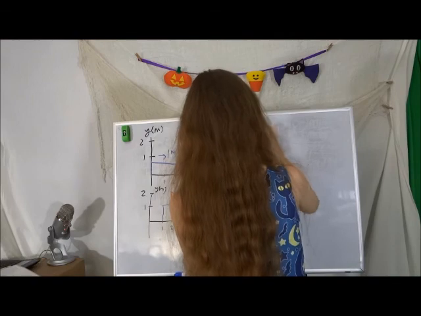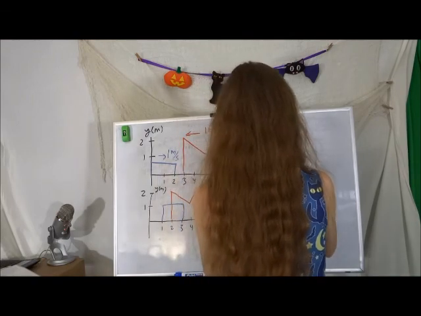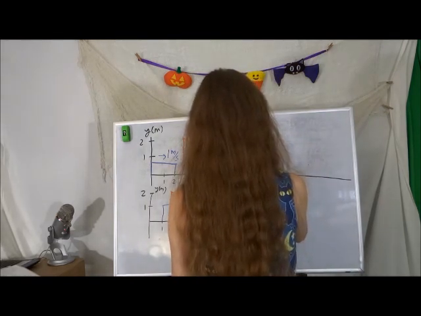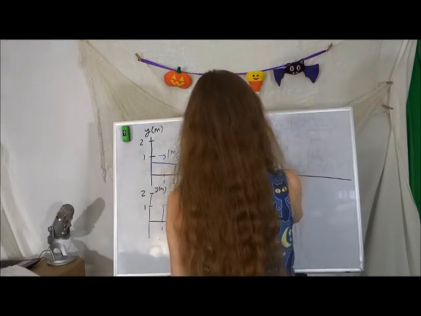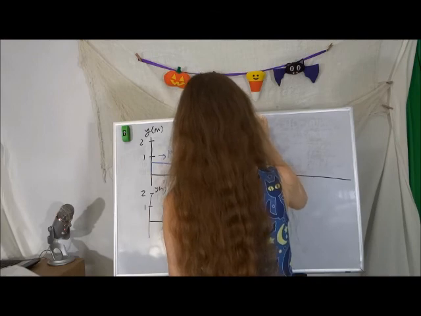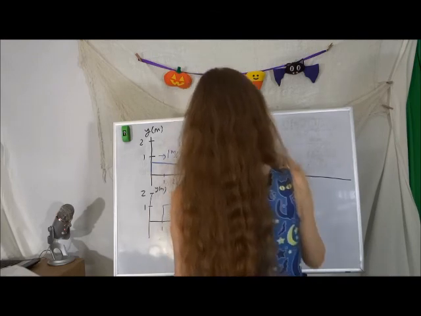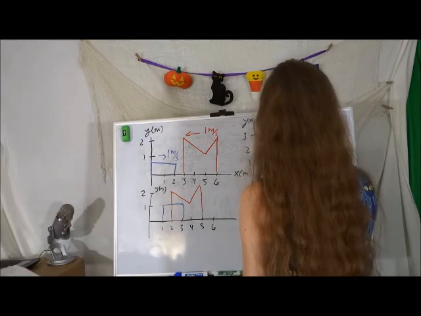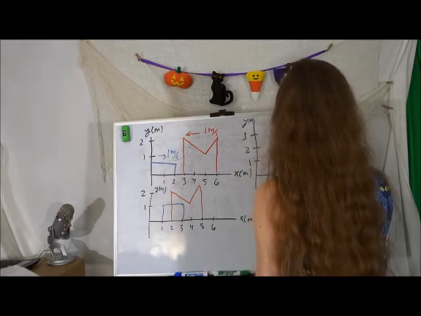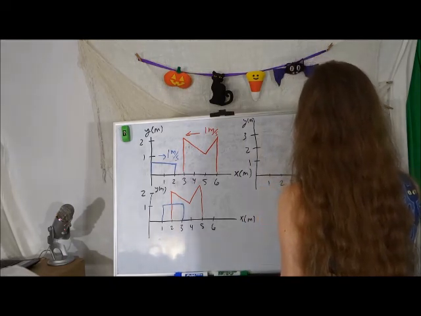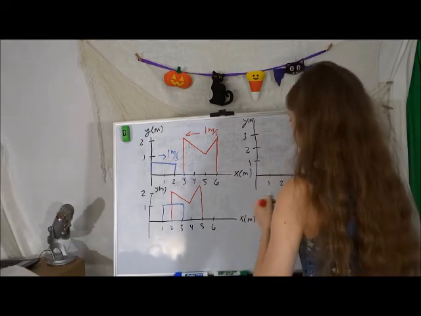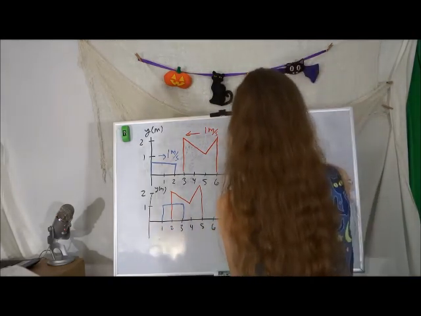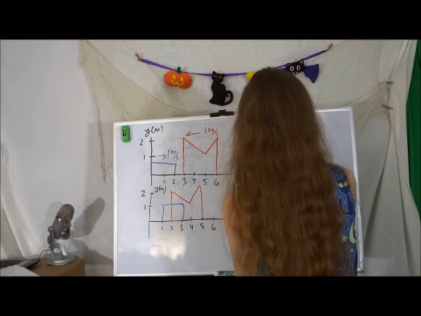So for between 1 and 2, we're just going to have something that looks like this.